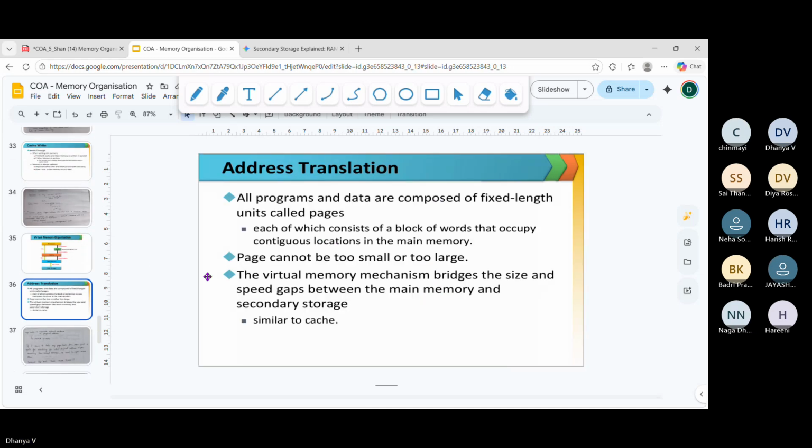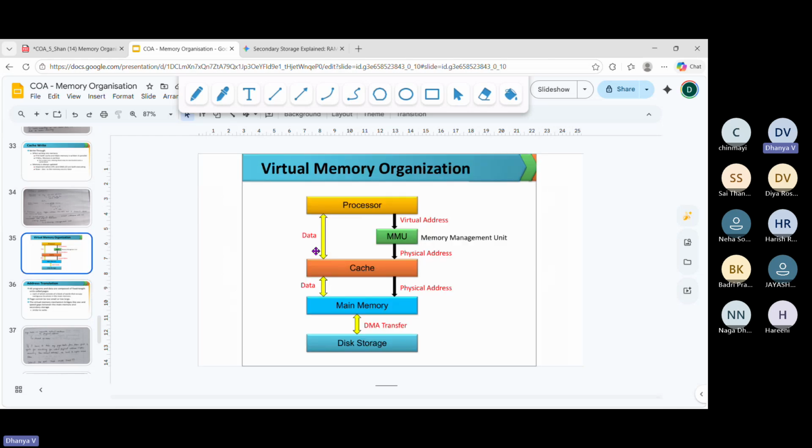Okay, all programs and data are composed of fixed length units called pages. Actually, what Dia discussed was about your cache and your processor, which was in terms of blocks, right? But if you're talking about your main memory and your secondary memory, you always call it in terms of pages and frames.